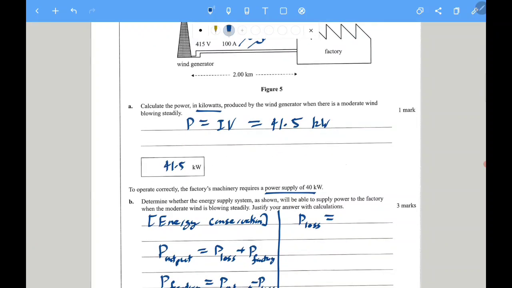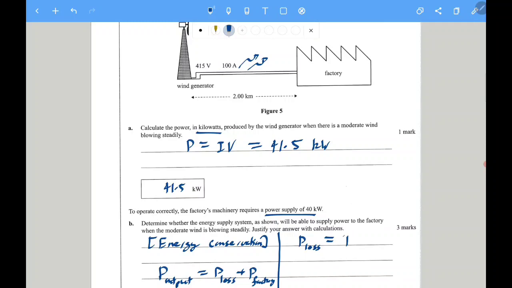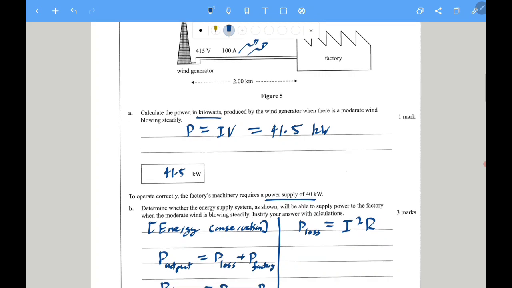So in this case, we just need to take the power loss, which is I squared R. If you guys did V squared over R for this question, unfortunately, that would have given you a wrong answer, right? Because you don't know anything about the potential difference. We only know the voltage value, but only one voltage value, 415 volts. That's only one value.